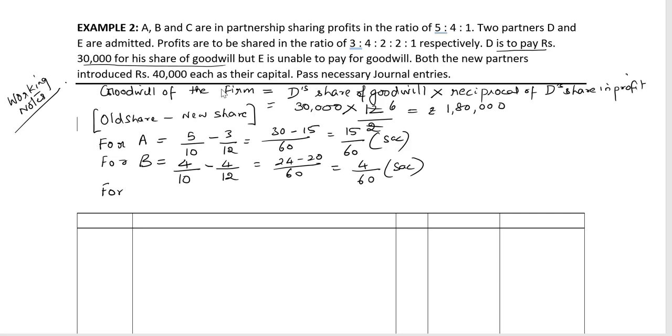For partner C, 1 divided by 10 minus new share 2 divided by 12, negative 4 divided by 60, and C gains.